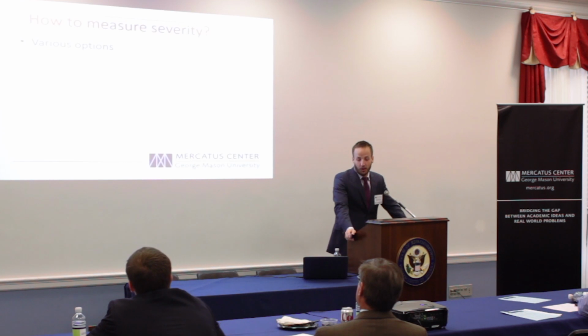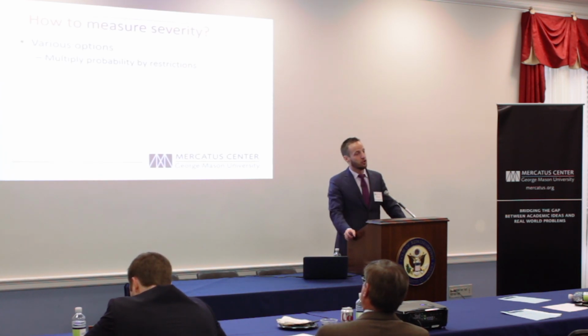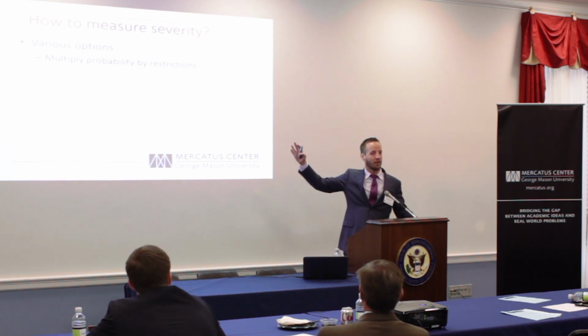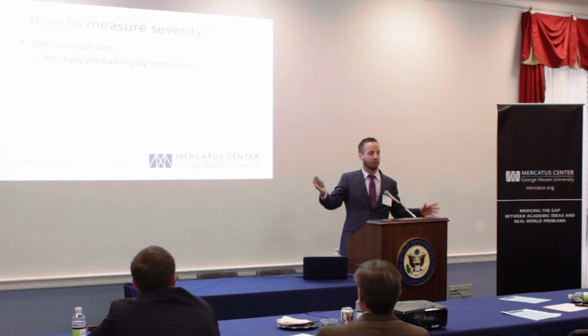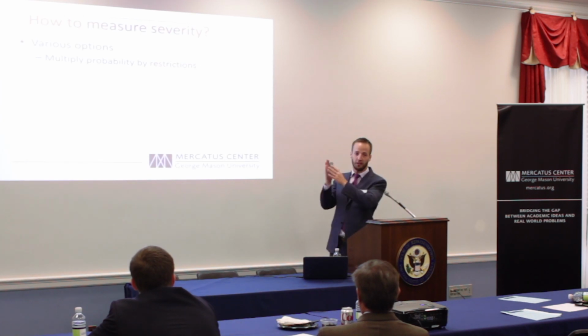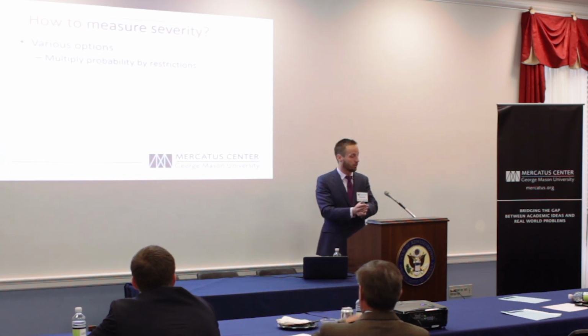All right, so there's a few different ways you could measure severity, and the most basic one is probably the variable from RegData that you may already be familiar with, and that is restrictions. When I presented RegData in the past, this would be the first thing I would talk about, the restriction count. But I've learned since that people tend to focus on that a bit too much. Restrictions are important.